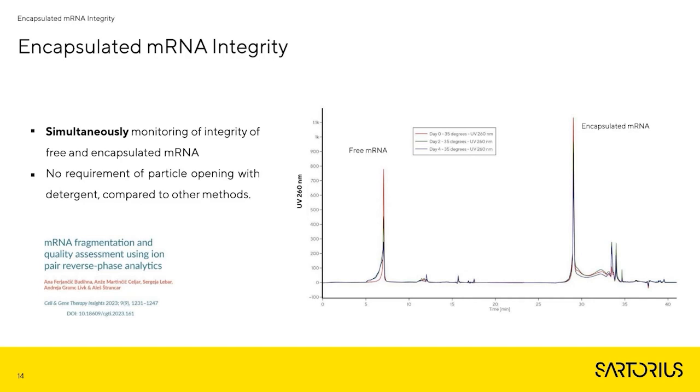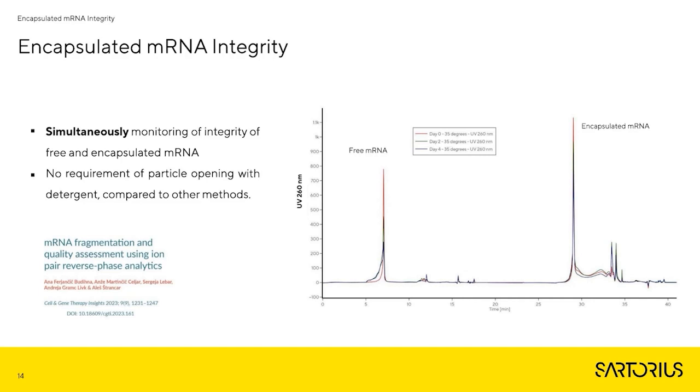So if you're separating the free from the encapsulated beforehand on some sort of chromatographic system, let's say, and then you're using that to analyze the integrity, that would be much more precise and accurate. So on a switcher, because we're separating the free and encapsulated RNA, this is inherent to the system.